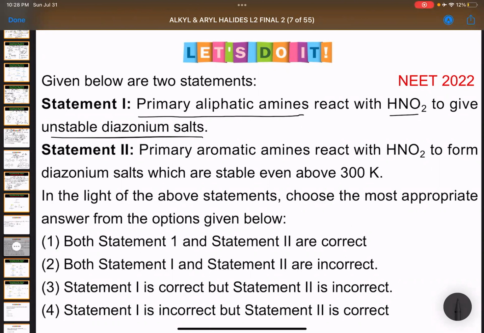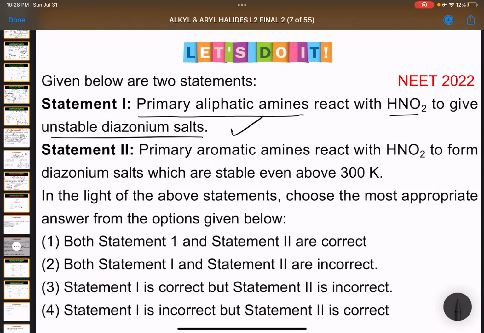That's it. So they are unstable. So this statement is correct. Simple, very simple statement. The question may look very big, but it is a very easy question. But still, everybody can do it wrong. Okay, you need to be very careful. You need to keep your eyes open.